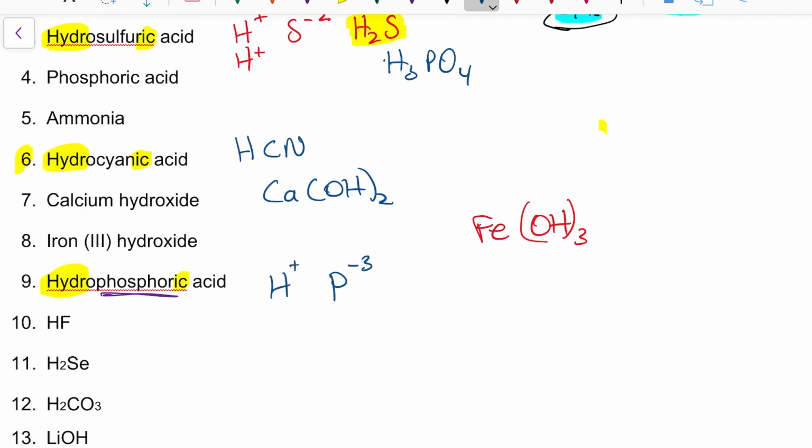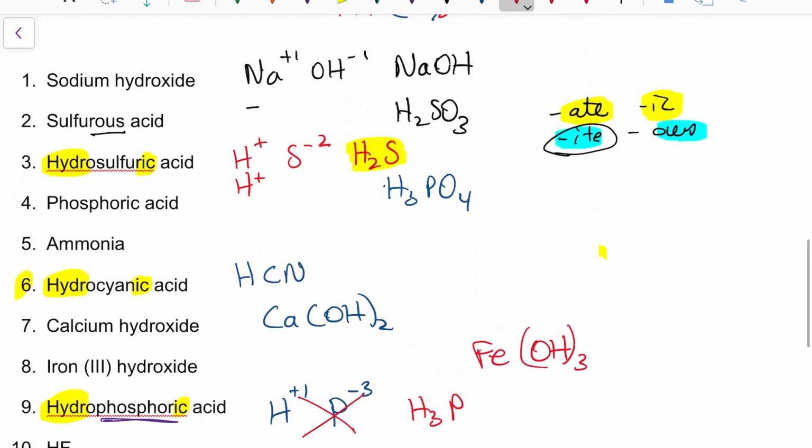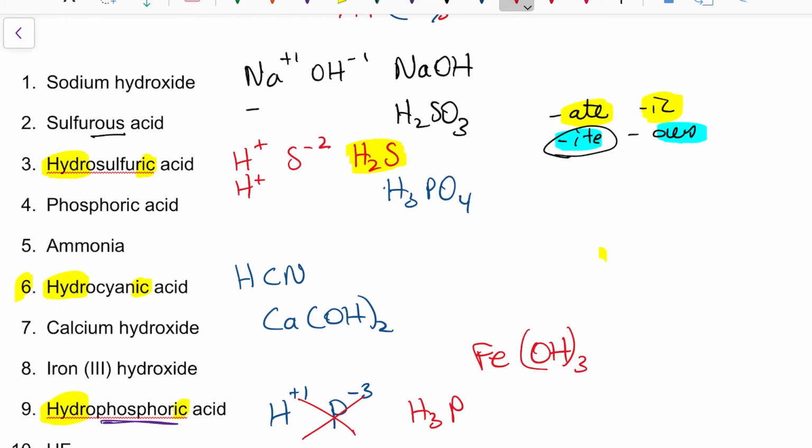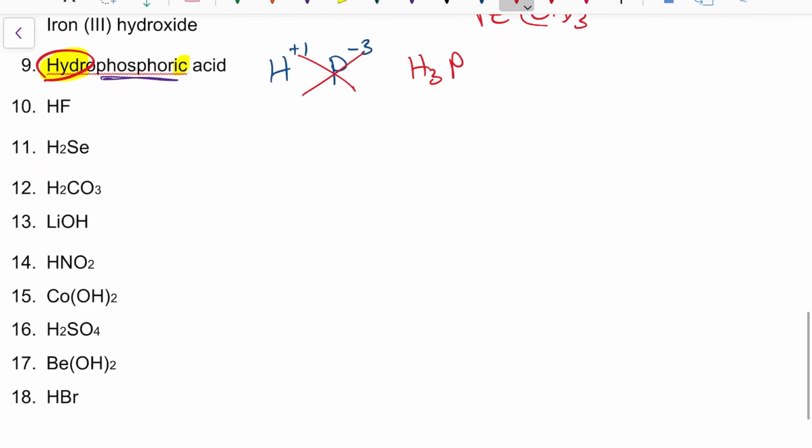It has a -3 charge. So if I play the switcheroo game, this is going to be H3P, hydrophosphoric acid. So do you see what I did? I did my she ate ic and got bronchitis ones first. Then I came back and named the ones with hydro because I had to think a little bit more clearly about those. Sometimes when you jumble them all together, you get confused.